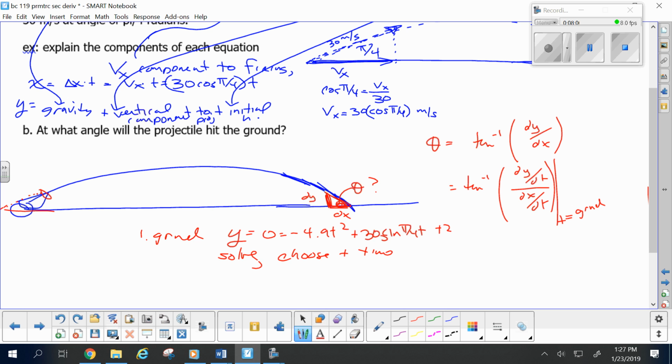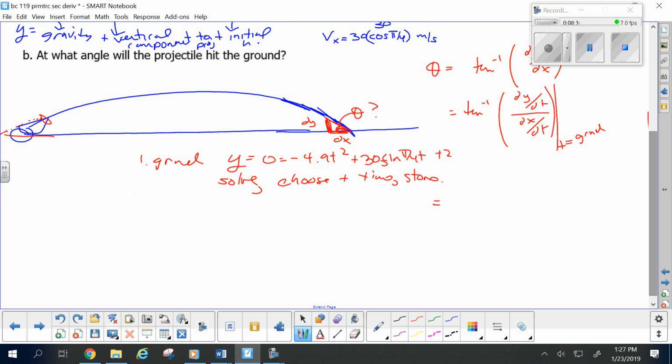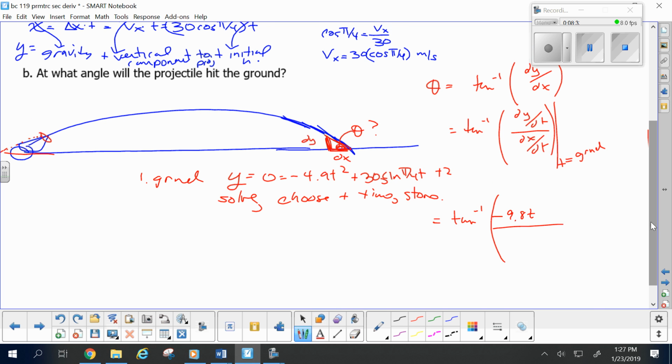Now, if we had all the time in the world, we will do this later, we'd store that, okay? Then we would take the inverse tangent of, now what is dy/dt? Negative 9.8t, and what's the other part? 30.